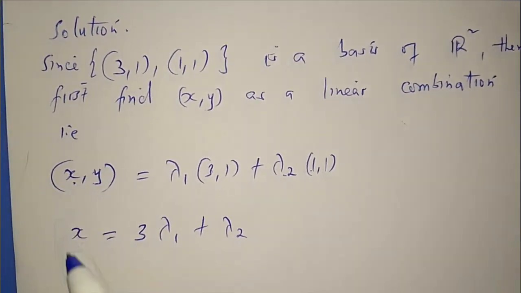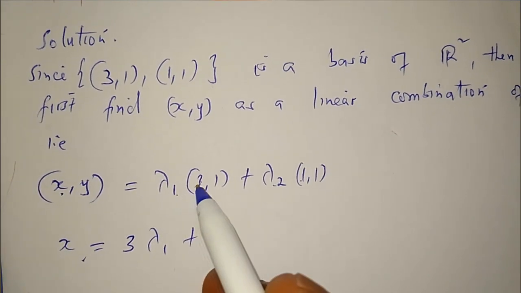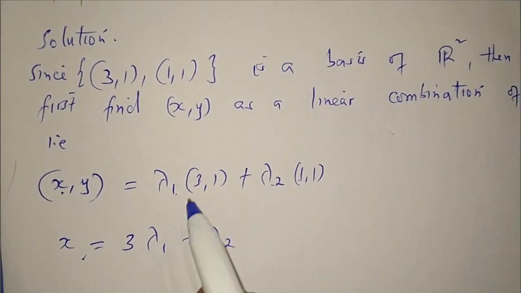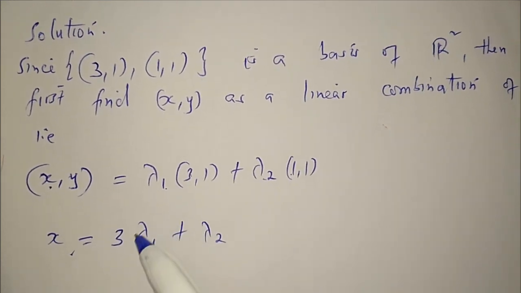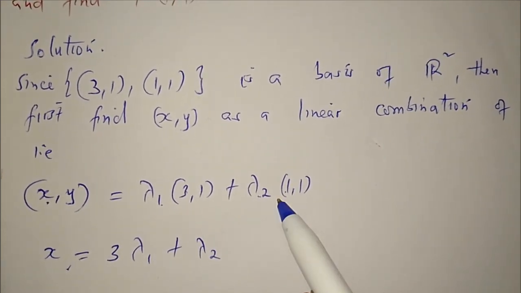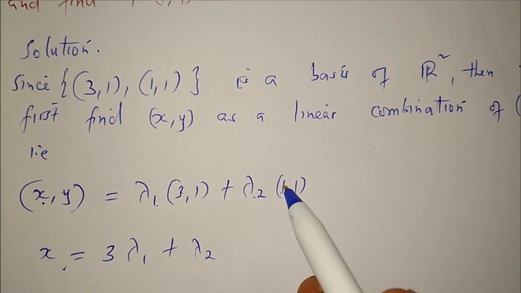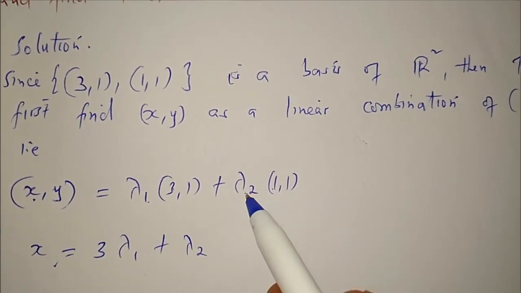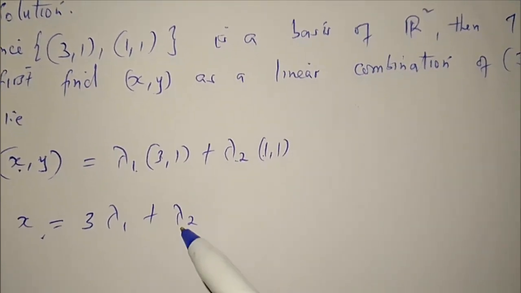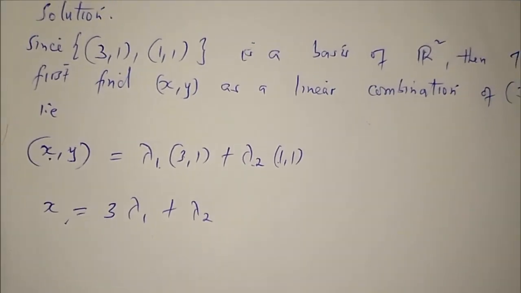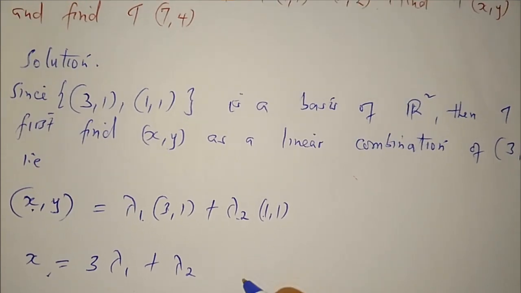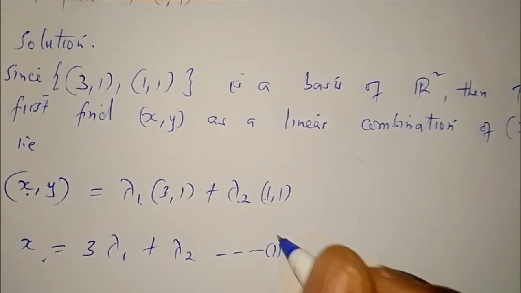Lambda 1 times the coordinate of x, which is 3, gives 3 lambda 1. In the second one, the coordinate of x is 1, I multiply by lambda 2 and I get lambda 2. So x is equal to 3 lambda 1 plus lambda 2, and this is equation 1.